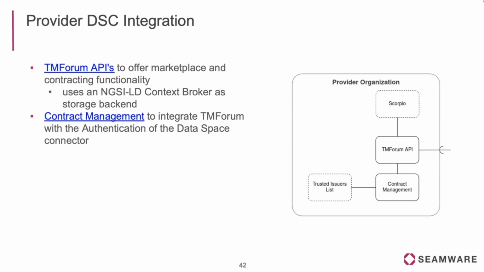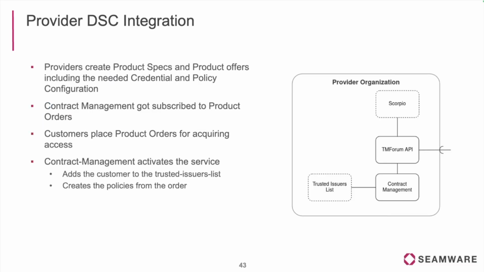And this is the component I mentioned before that is performing the role of the procurement service. So how is this working? Well, the providers are going to create the different product specifications, the different product offers in the TM Forum API of the Data Space Connector.